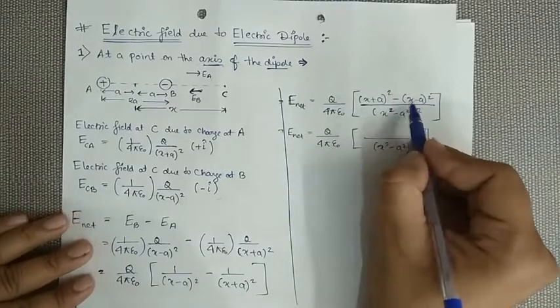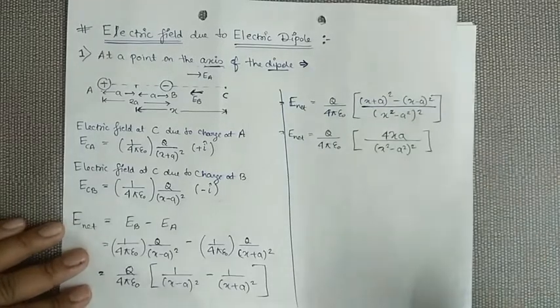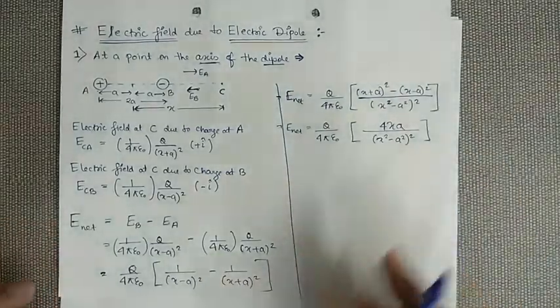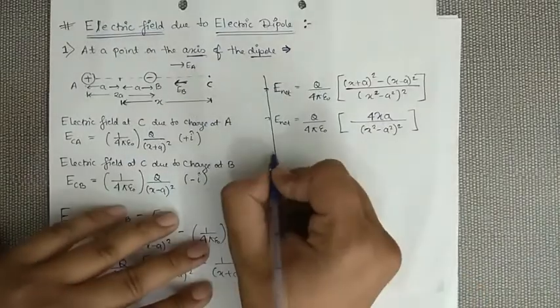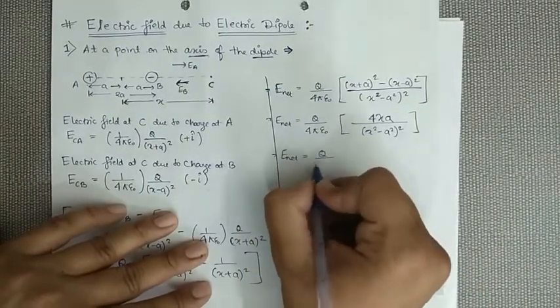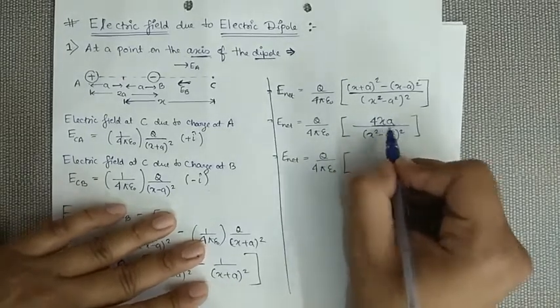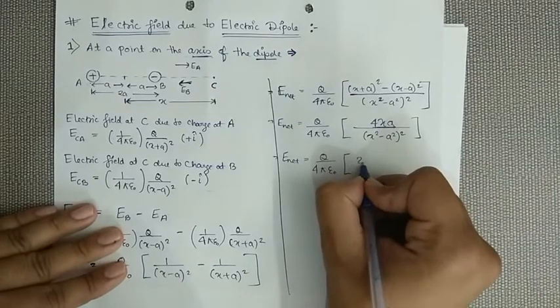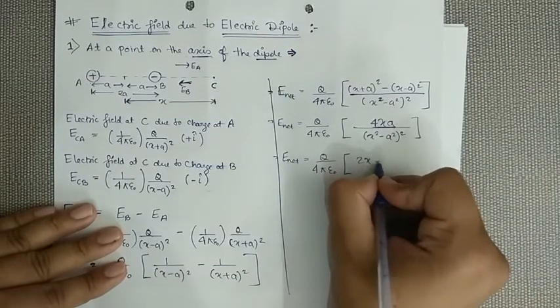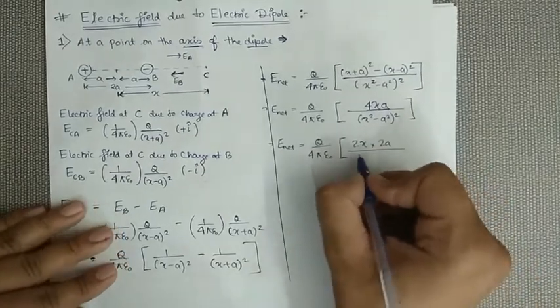Opening these two brackets, some terms will cancel out and the resulting term you will obtain is 4xa. Now see, we have to split this term 4xa. This 4xa can be written as 2 times x into 2 times a. Again this will give you 4xa.